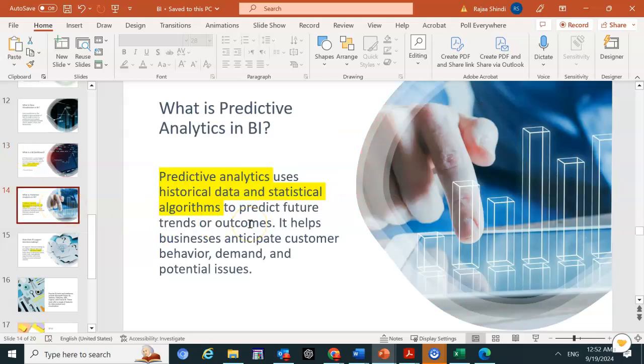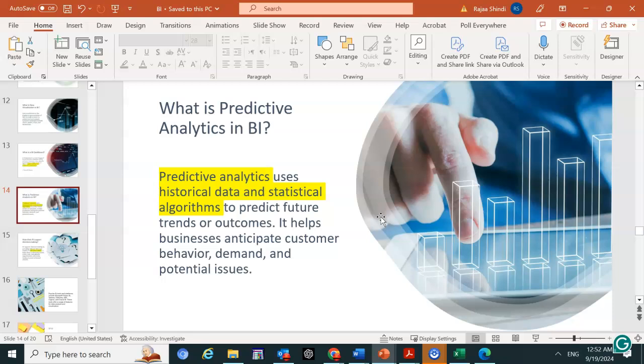Predictive analysis. This is more of a predictive analysis that uses historical data and statistical algorithms to predict future trends, like when you want to predict a certain market behavior.